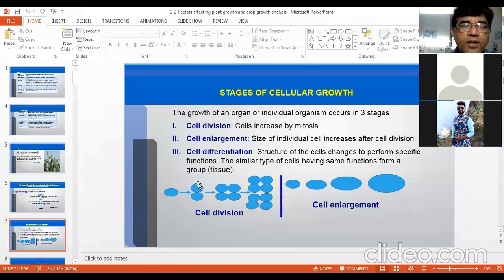A particular group of cells will be converted into one specific kind of morphological feature. So similar types of cells having the same functions form a group. You might be knowing how cell differentiation happens. These are the 3 important aspects of cellular growth, and it converts to the actual growth, the division and enlargement of cells.